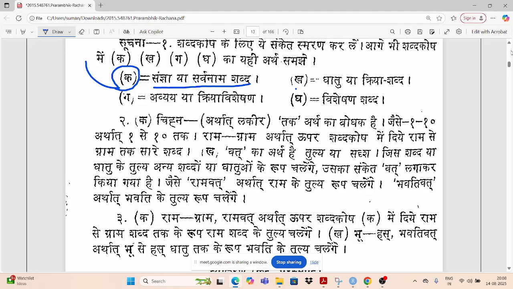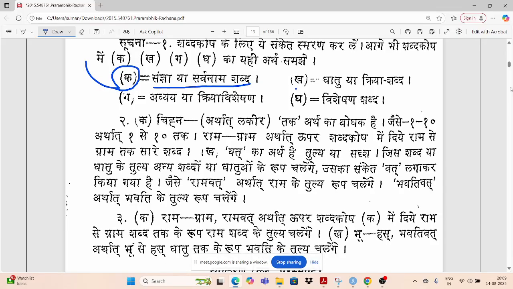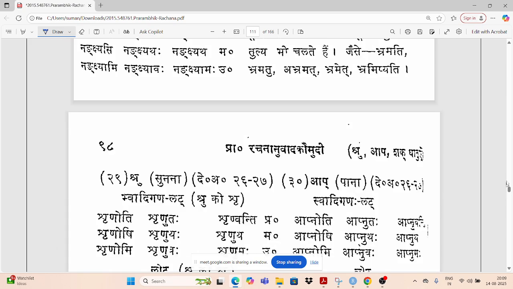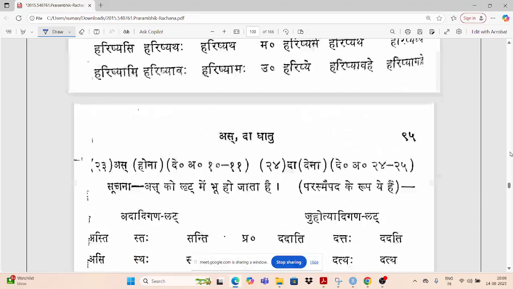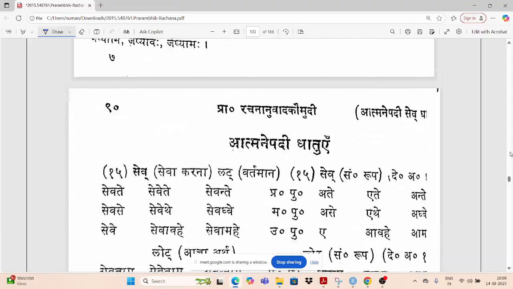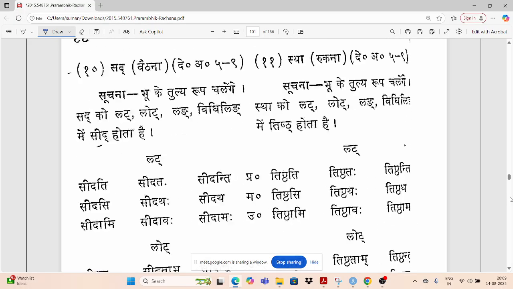Let us first look at the dhatus again. We had dhatus like bhu, hona; path, padhna; gam, jana; has, hasna. Let me see if there is something we can quickly look at. They have given pashyati and all that.